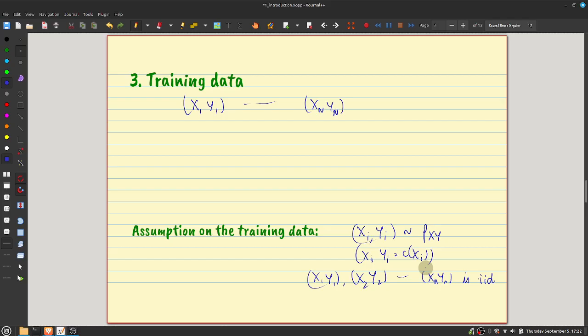There's nothing else. But if you say it's generated according to a Markov process, then Pxy is not sufficient to describe your training data. You also need to know how (xi, yi) depends on (xi-1, yi-1), where you're imposing more assumptions.